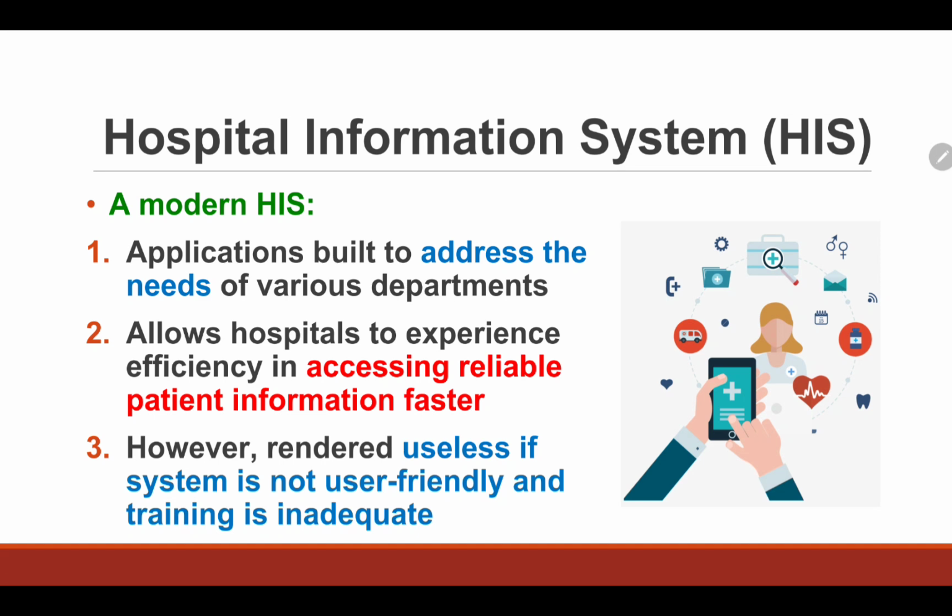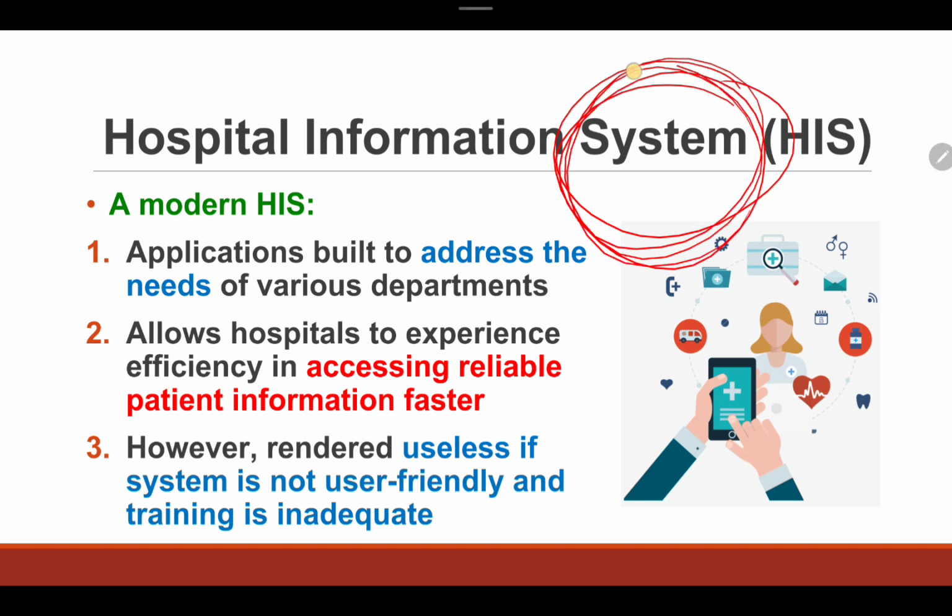There are hospitals with as many as 200 disparate systems integrated to their HIS. Since this is a system, it has many components. This means that the nursing department, the finance department, the pathology department all have their own HIS, and it is all integrated in one system.